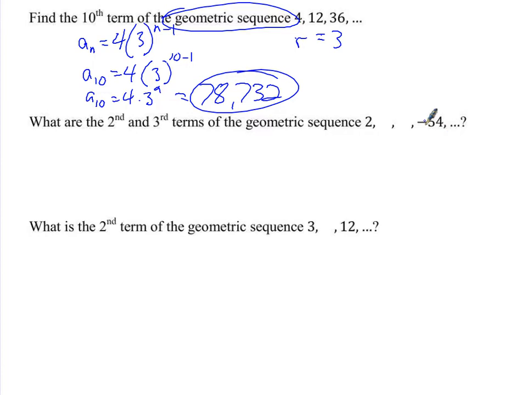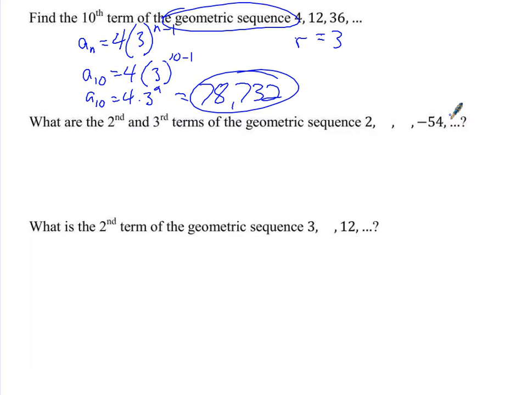Because of this negative number right here, my negative common ratio is going to be a positive times a negative to give me a negative, and then a negative times a negative to give me a positive, and then a positive times a negative to give me a negative. So I know that my common ratio must be negative. In addition to that, my numbers here are getting larger. So I know that my common ratio must be bigger than 1, because I'm multiplying by a number each time, not by a fraction.